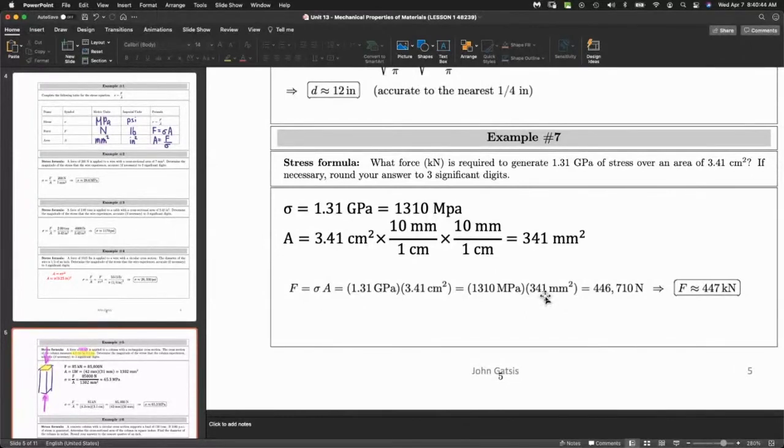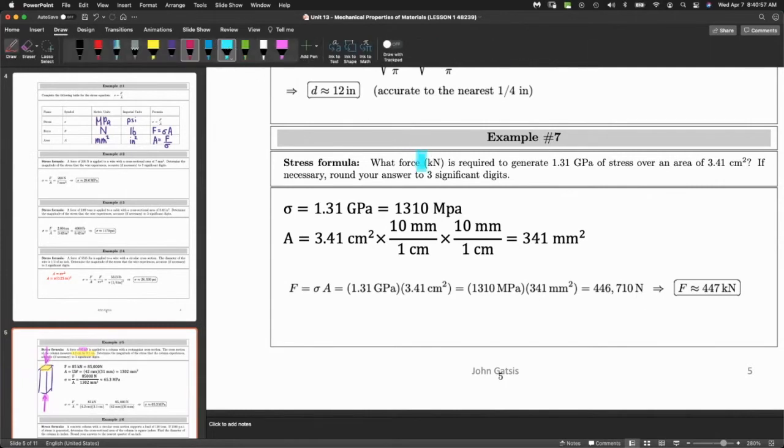Because we're using megapascals and square millimeters, the answer will automatically be in newtons. But then the question wants us to take it a little bit further. They want the answer in kilonewtons, and we want 3 sig figs. So that's why this answer here is presented to you.